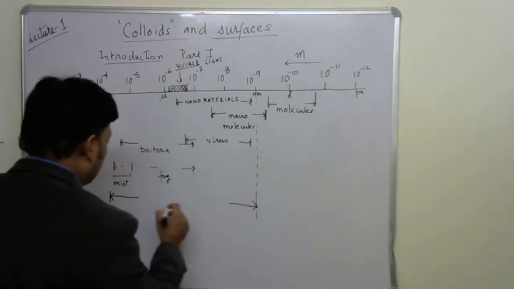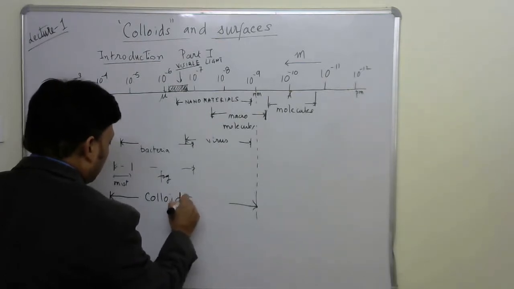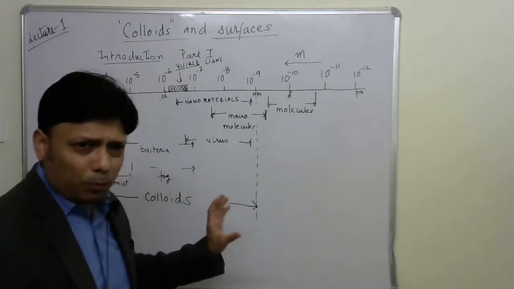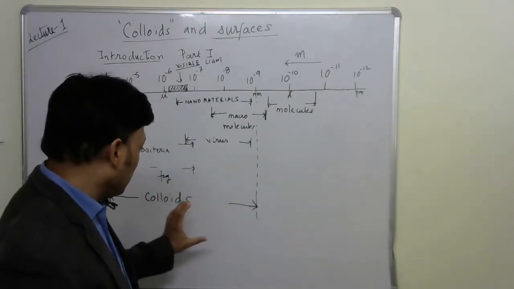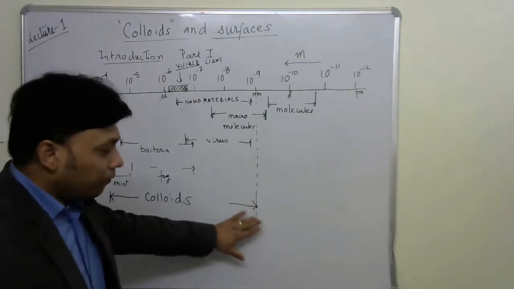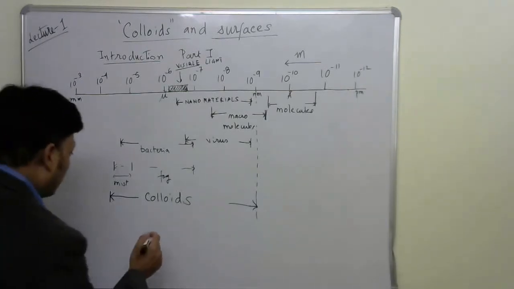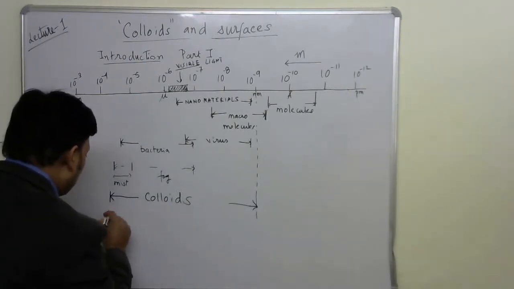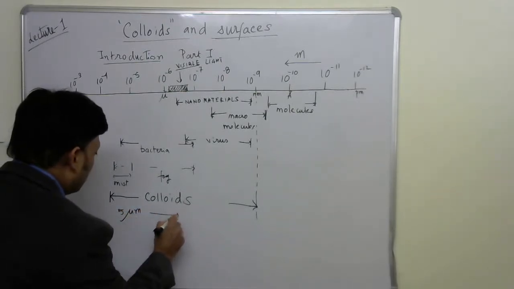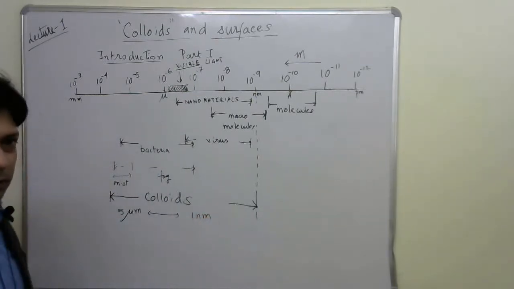This entire size range we dedicate to colloids or the colloidal phase, meaning the particles or materials that constitute the colloidal phase should fall in the size range from a few nanometers to a few microns. Its actual size range could be almost 5 micrometers, and you can go down to 1 nanometer or a few nanometers.